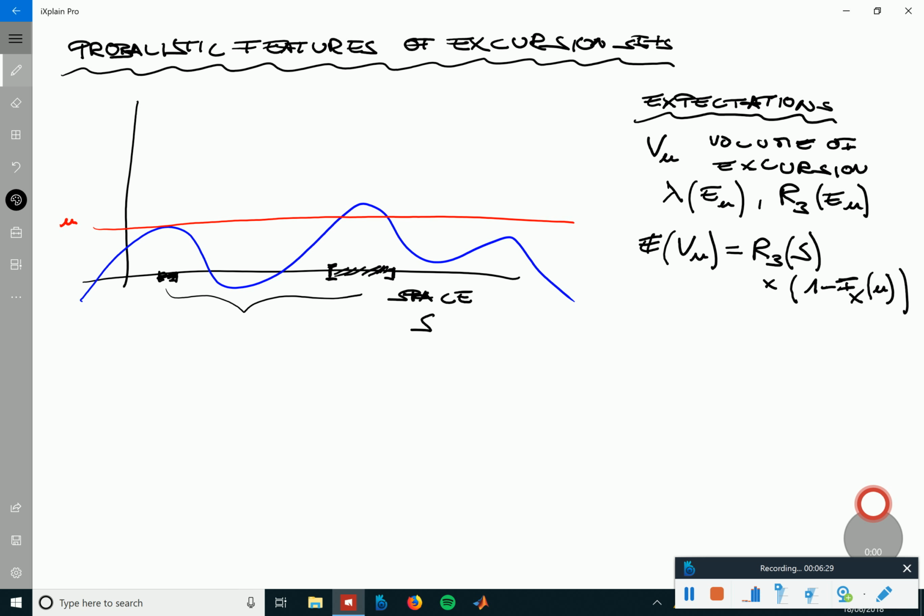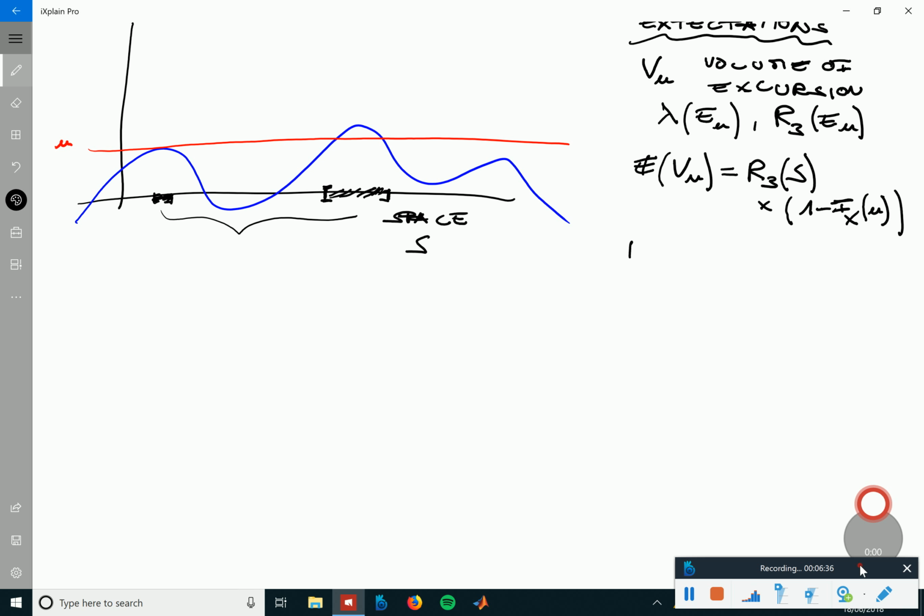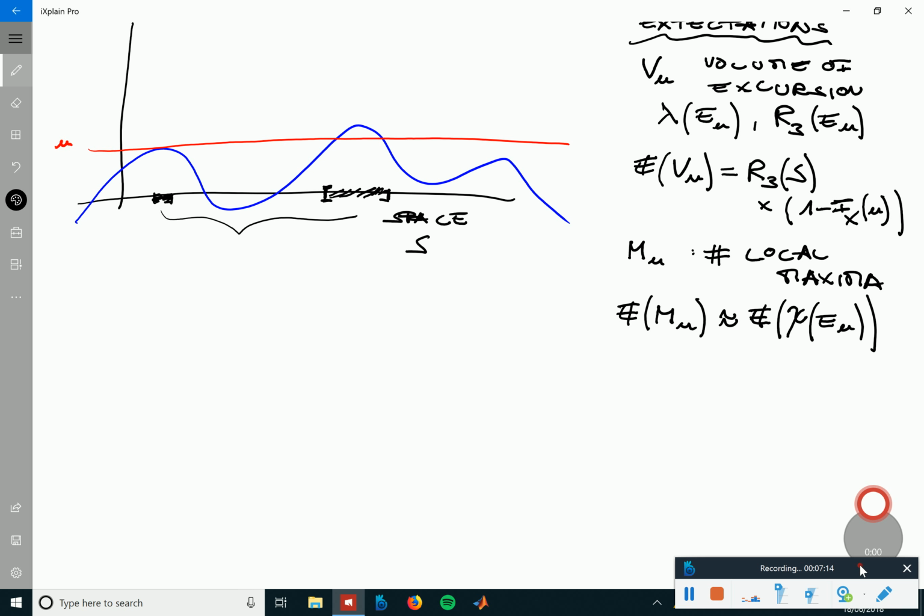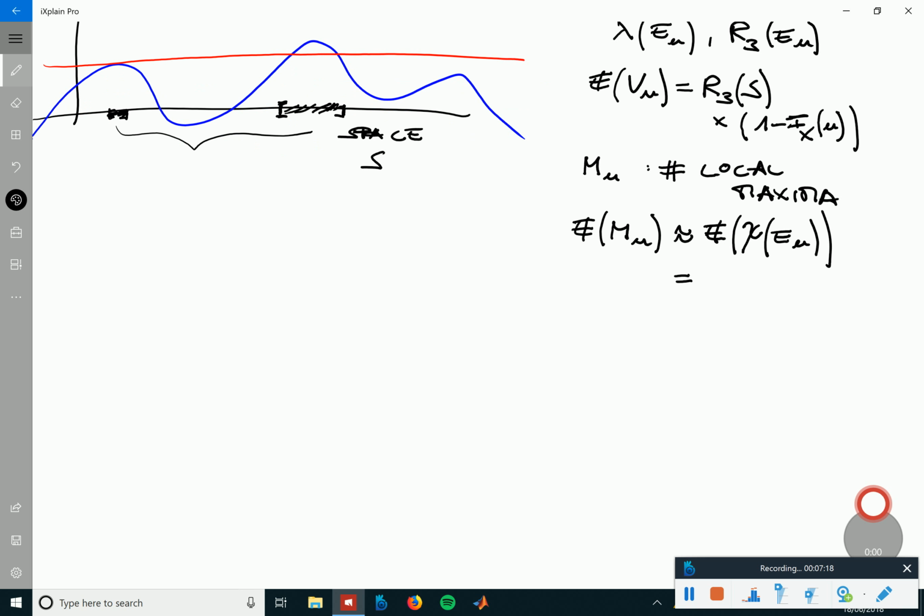Then we discussed a random variable called mu, which models the number, so for number I use this hashtag, the number of local maxima, for which we discussed as expectation the approximation by the expected Euler characteristic of the excursion set, which in turn is given in this closed form.